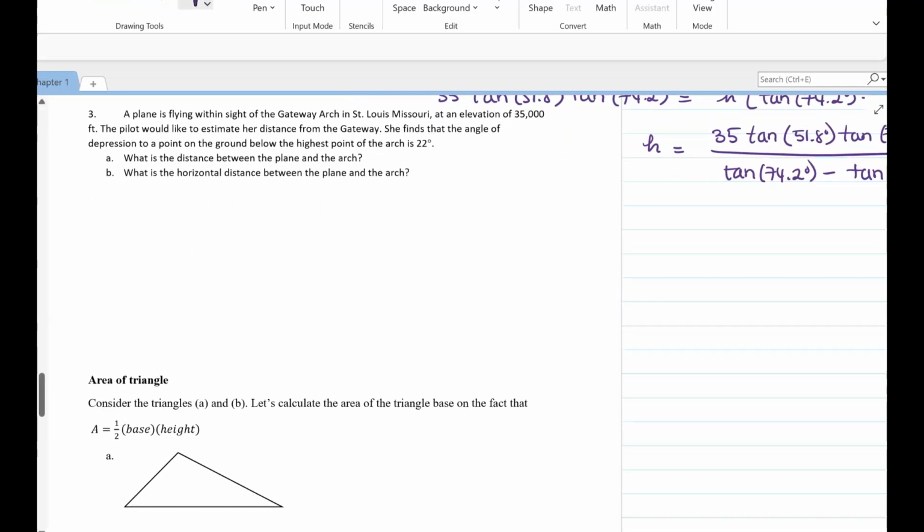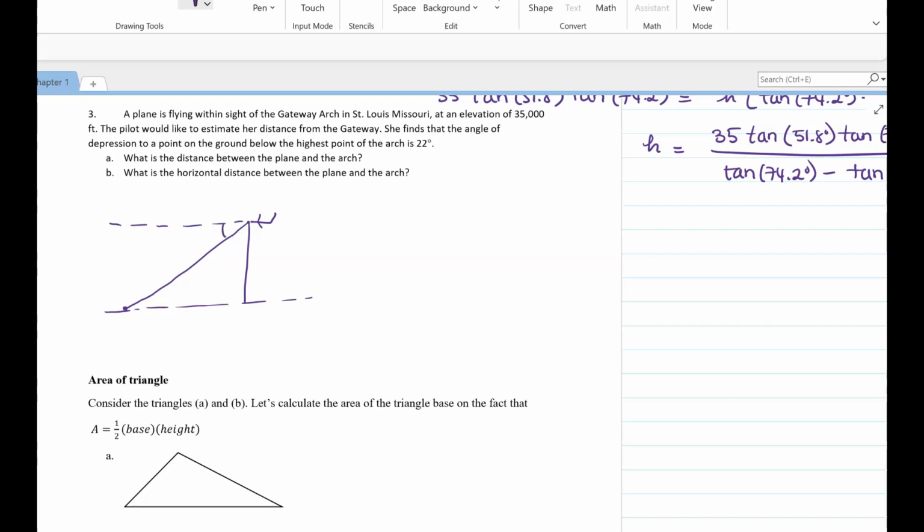So here we've got a plane, and here we get kind of an arc, with a point below the arc. And here's the ground. The angle of depression from the plane to the point beneath the arc is this angle, and that is 22 degrees.